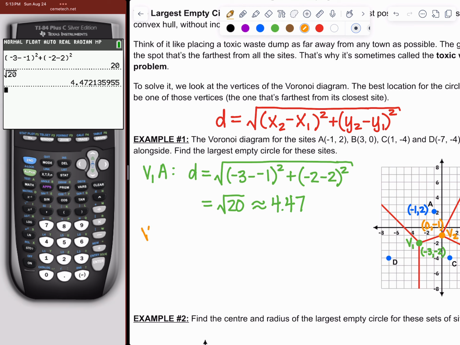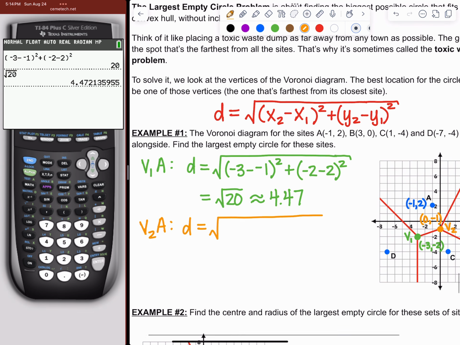So now I want to do the same thing, except I'm going to test vertex 2 to point A. So I know that my distance here is going to be equal to the square root of 0 subtract -1 squared plus -1 subtract 2 squared.